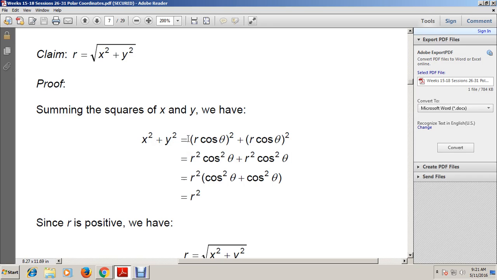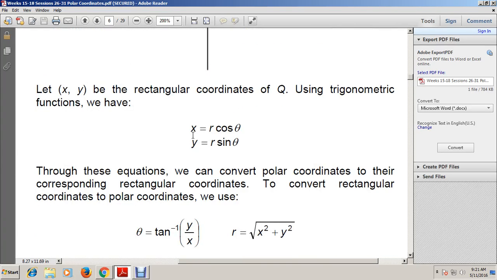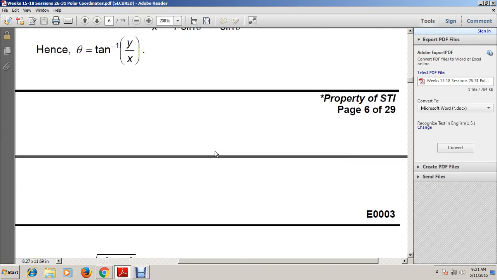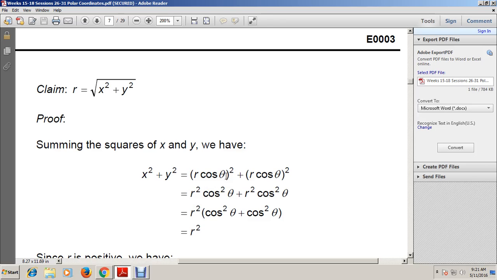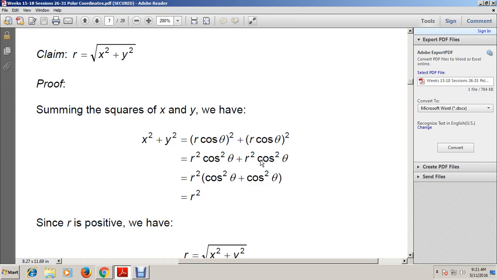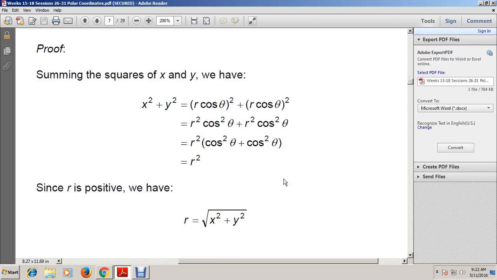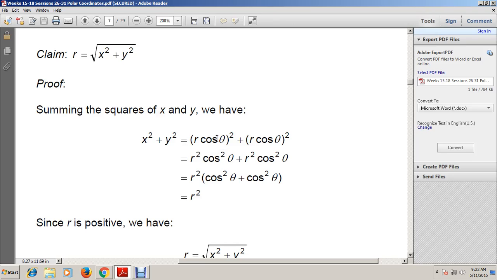and individually x is r cosine theta and y is r sine theta, we could replace x squared plus y squared by r cosine theta squared plus r sine theta squared. Take note that there is a typographical error in this courseware: x squared is r cosine theta squared, while y squared is r sine theta squared, so this is not cosine, this is sine.